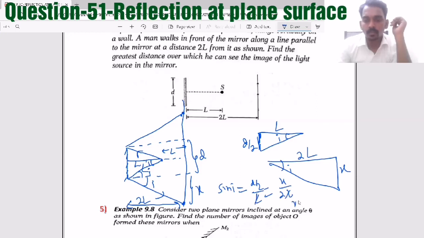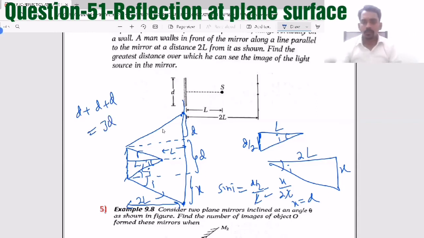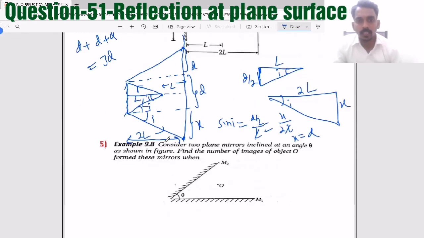So the L's cancel, and X equals D. So this is D, then this will also become D. Then the total width will become D plus D plus D, that is 3D. So that way, as I explained, you have to take reflection rules and simple geometry. Then you can solve the questions based on reflection at plane surfaces.